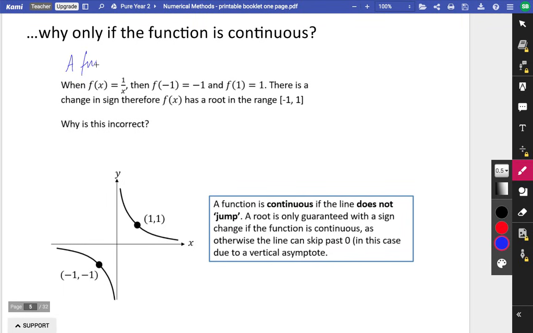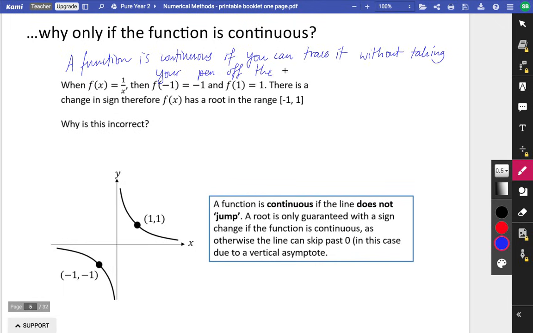A function is continuous if you can trace it without taking your pen off the page. Obviously, this is not a mathematical definition. This is just a way for us to think about what it means for something to be continuous.